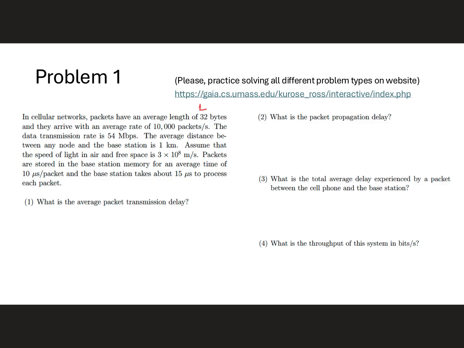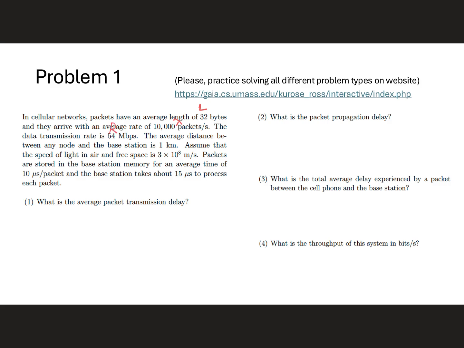L. And packets are arriving at an average rate of 10,000 packets per second. So this is something called lambda, the arrival rate. And the average data transmission rate of the system is 54 megabits per second. So that's R, the transmission rate.